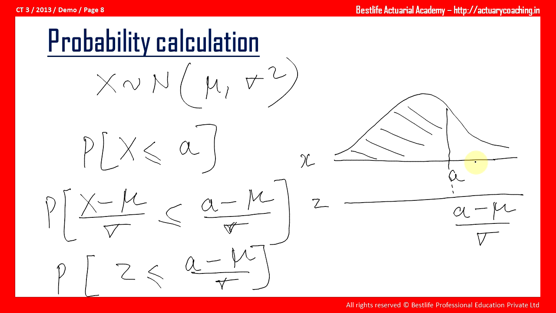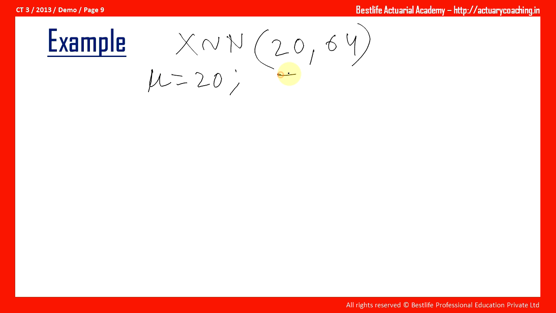We can look at an example now in order to calculate the probability for a standard normal. Let's say X is a normal distribution and it follows normal with mean 20 and variance 64. So this means mu is equal to 20 and sigma square is equal to 64.